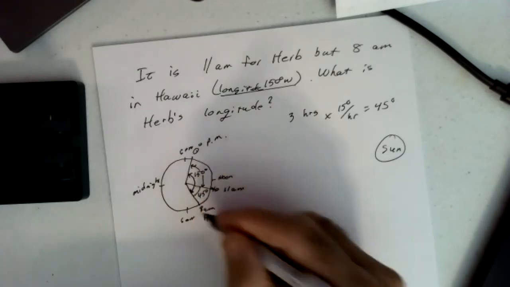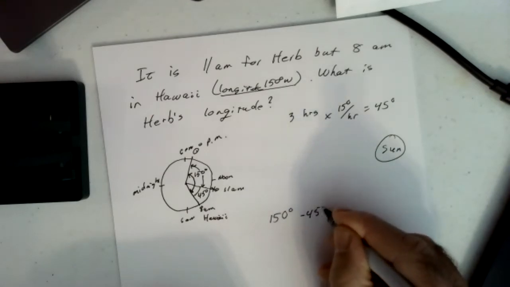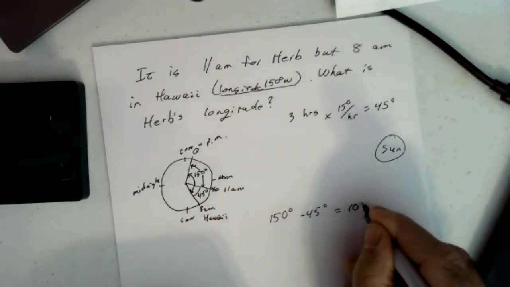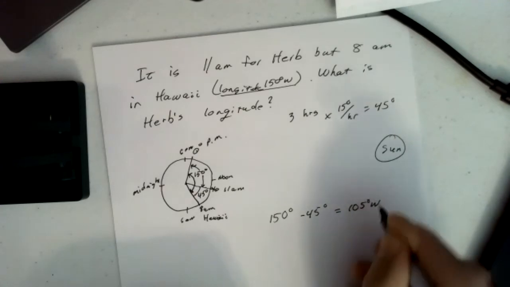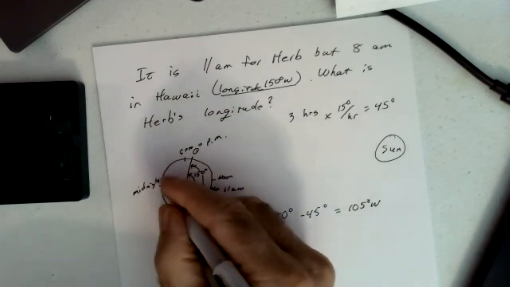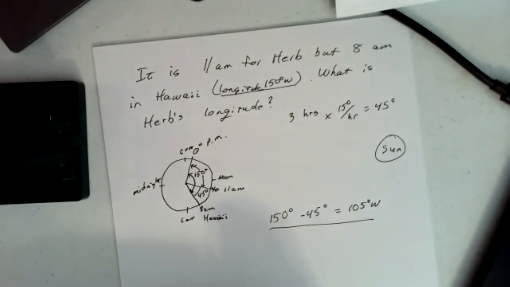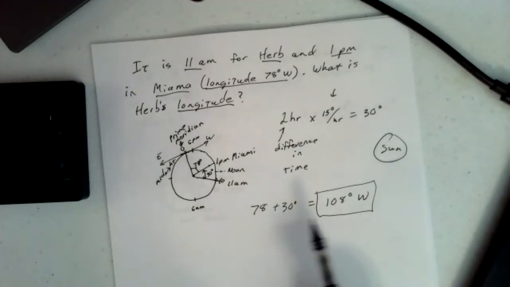So in this case, I'm going to have to take 150 degrees and subtract 45 degrees. And I'm going to get 105 degrees west. You see, this time I had to subtract. But on the previous one, we added. What's the difference?